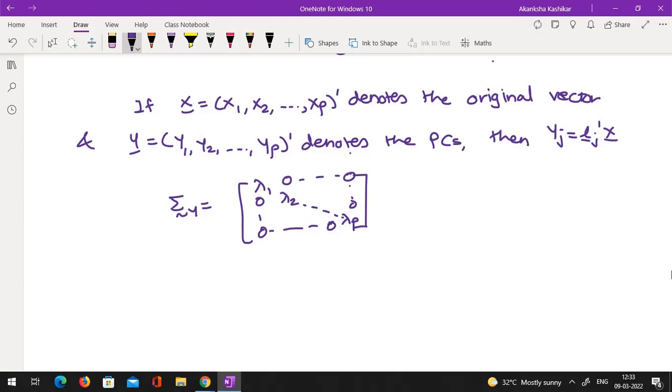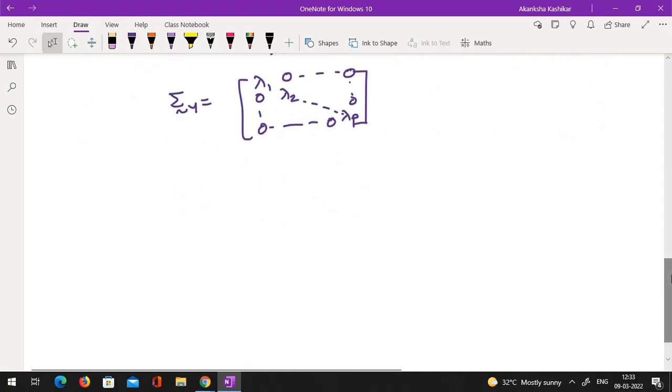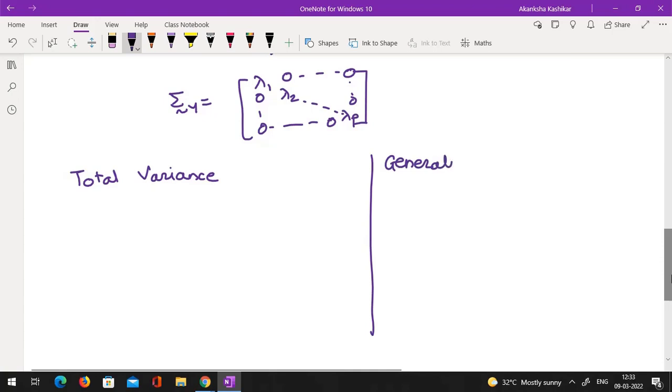People have proposed some measures by which we can represent an entire variance covariance matrix with the help of a single number. Two important ones are known as total variance and generalized variance.